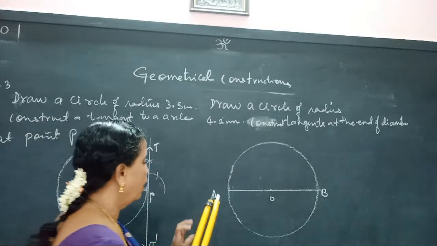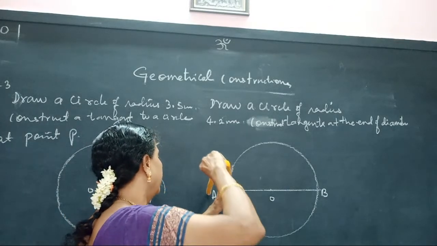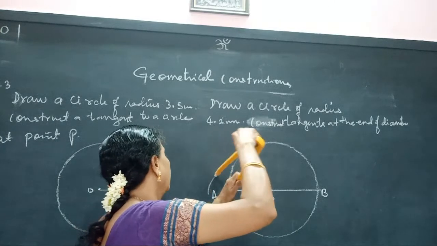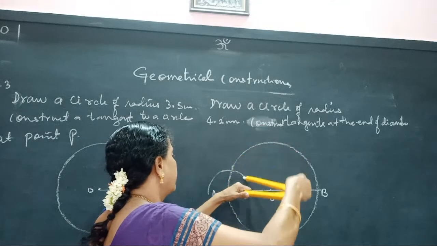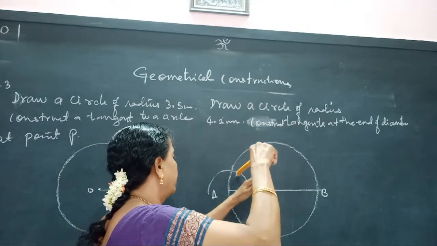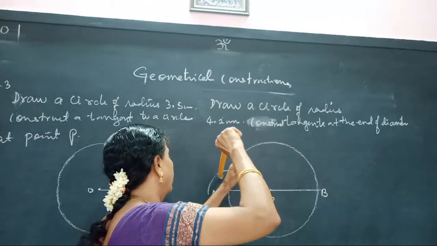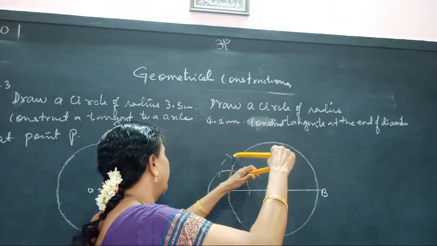Here also at both ends you have to construct the 90-degree perpendicular line, with this 60 degree, further bisecting, it will be 30 degree.